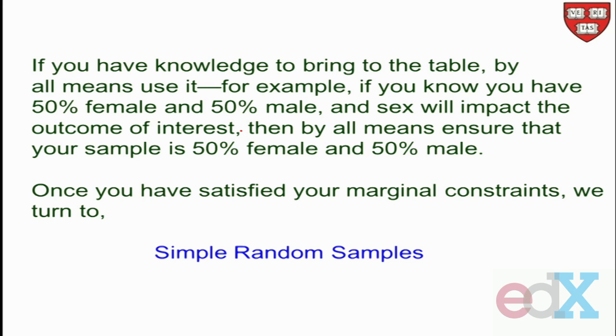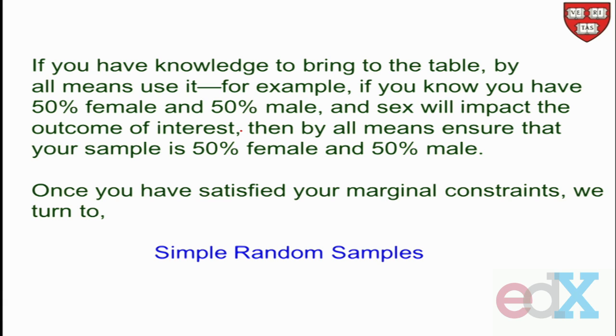So what do we do? The point of all this is, if you have knowledge to bring to the table, by all means bring it. For example, if you know you have 50% female and 50% male, and sex will impact your outcome of interest, then make sure that your sample is 50% female and 50% male.